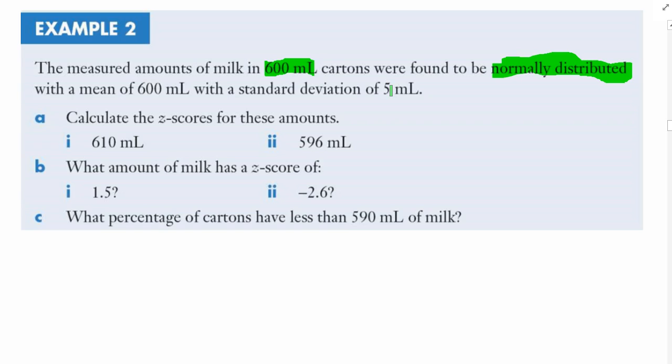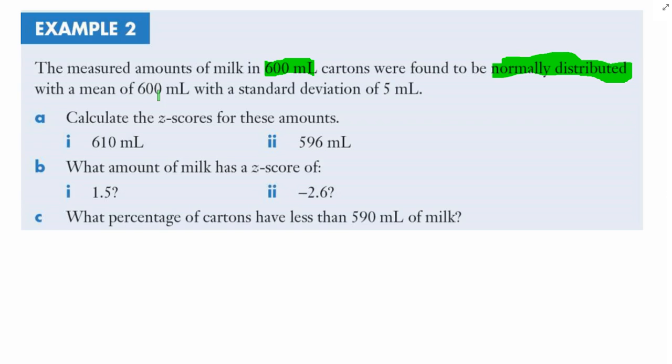It means that there are some cartons of milk that actually have 605 mils in them, or somewhere between 600 and 605, up to 610, up to 615. There are very few cartons that have more than 615 mils of milk in them. Likewise, there are some cartons of milk that have only 595 mils of milk.